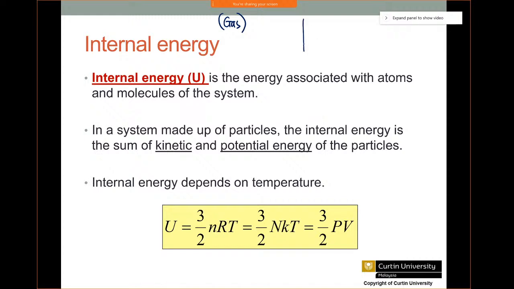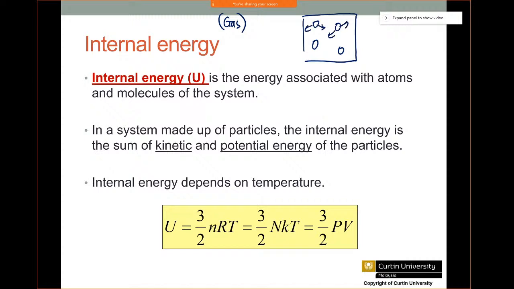Let's say this is a space. The gas consists of atoms or molecules, and the distances between the molecules are very far, and they are moving vigorously.